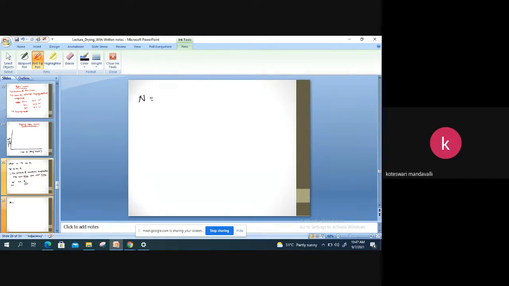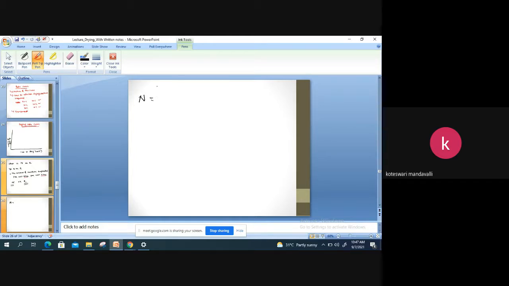Since we are not at this level, we do not require that much detail. If required, I will give you the other equation for your reference.